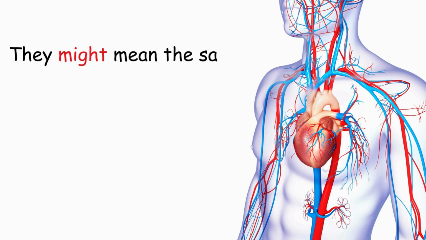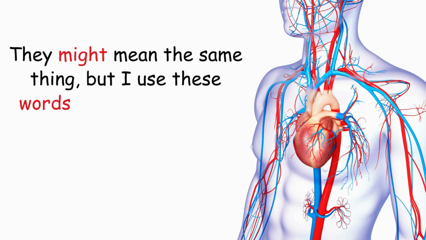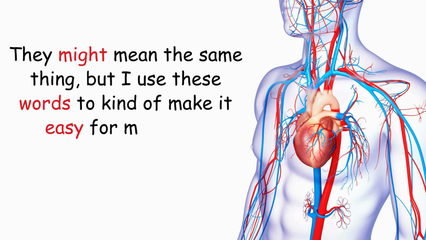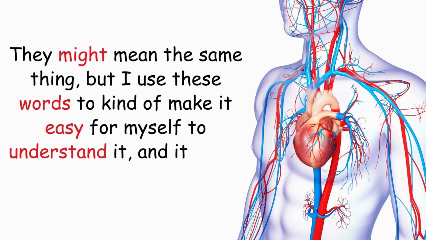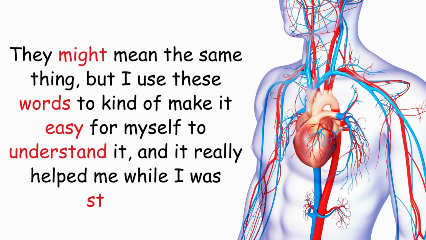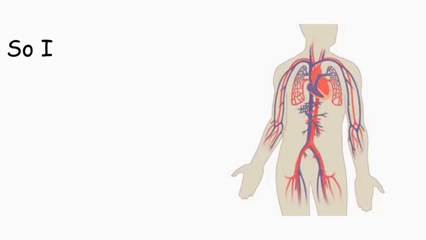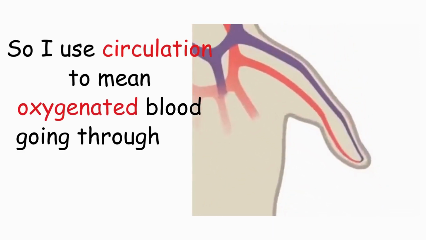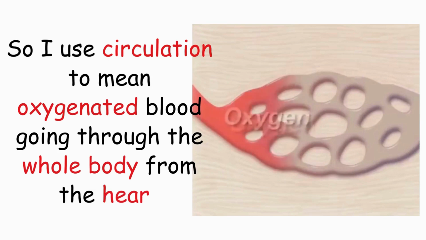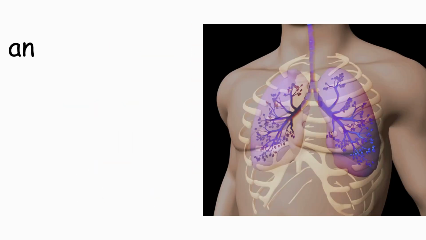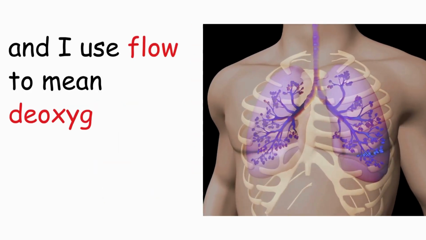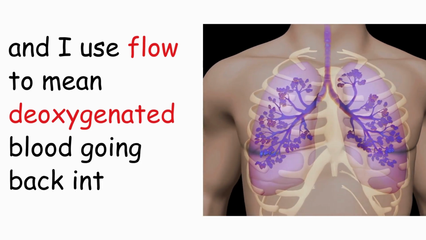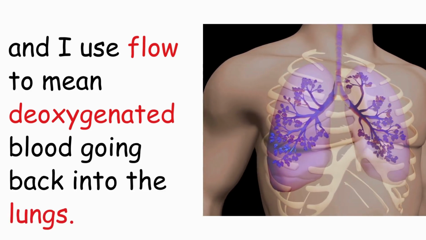They might mean the same thing, but I use these words to make it easy for myself to understand it. And it really helped me while I was studying. So I use circulation to mean oxygenated blood going through the whole body from the heart. And I use flow to mean deoxygenated blood going back into the lungs.